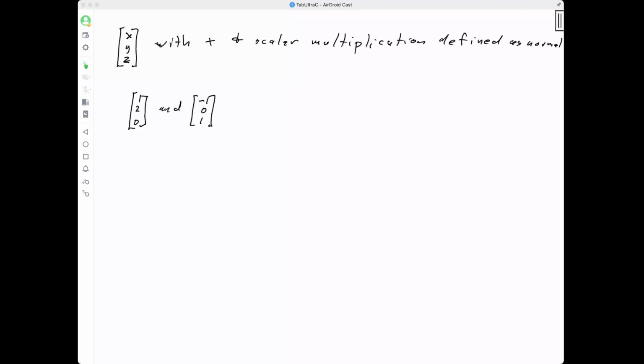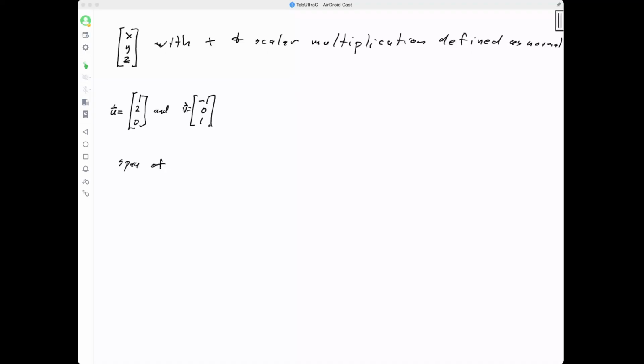However, I can talk about the span. So if I say the span of, let's give these names. Let's do U equal that, and V is equal to that one.